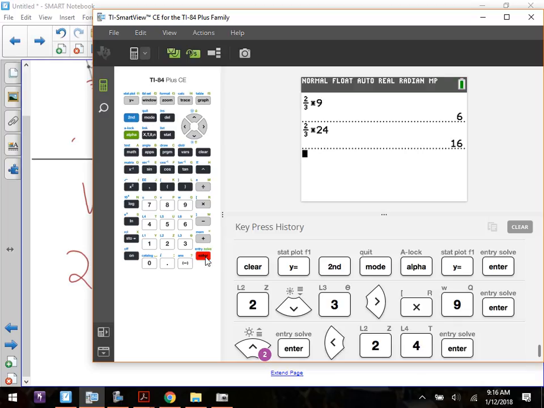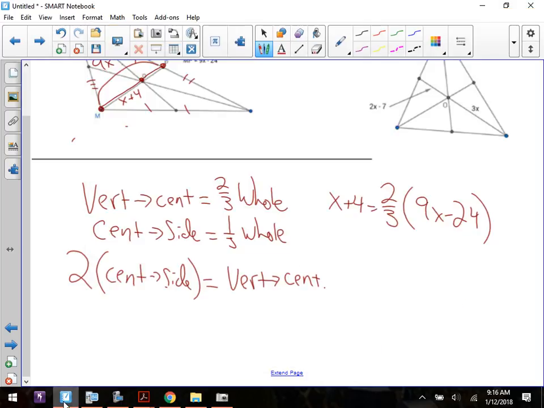Okay. The right hand side is a 6 in it. So x plus 4 is 6x minus 16. Add 16, subtract the x, and you get the answer.